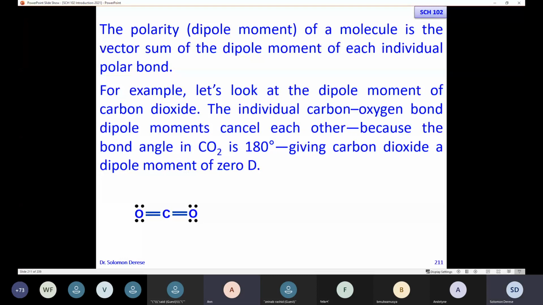Because the bond angle is 180. But why is it 180, not 120? Because it forms a linear bond. But why is it linear? Why is it not planar?